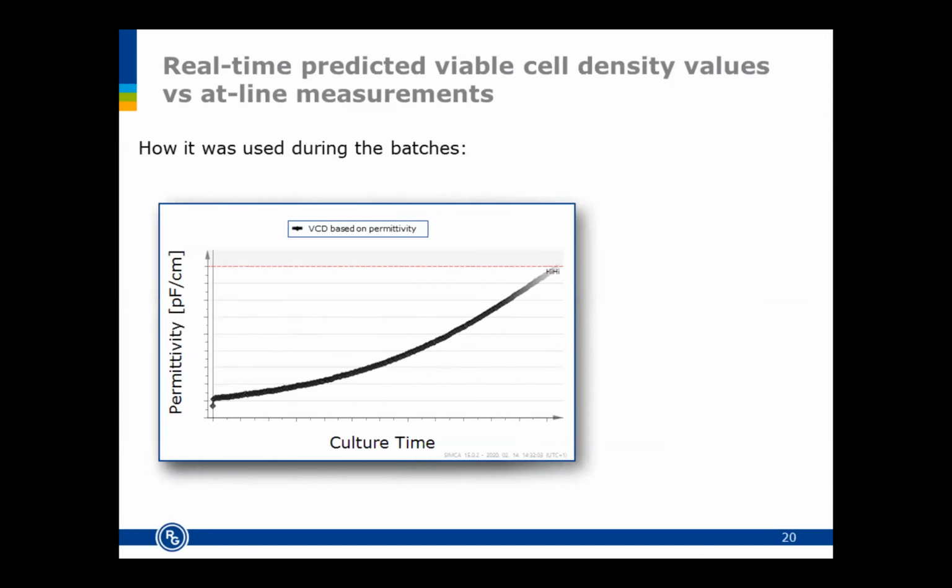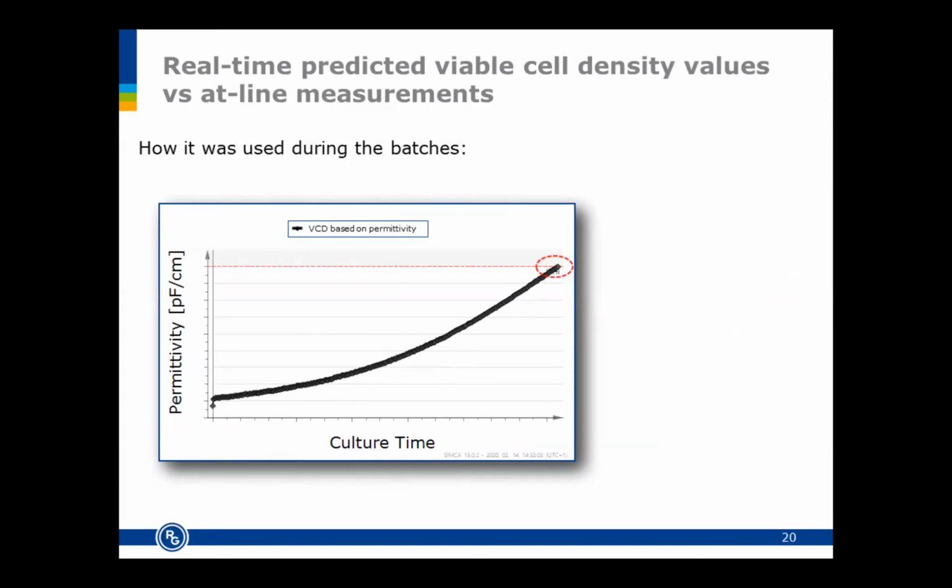How was the model used during the batches? In this graph, you can see the raw permittivity values themselves. So there is no model prediction, just the inline measured raw permittivity values.